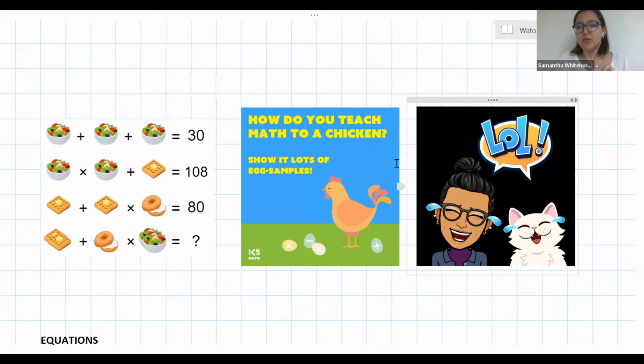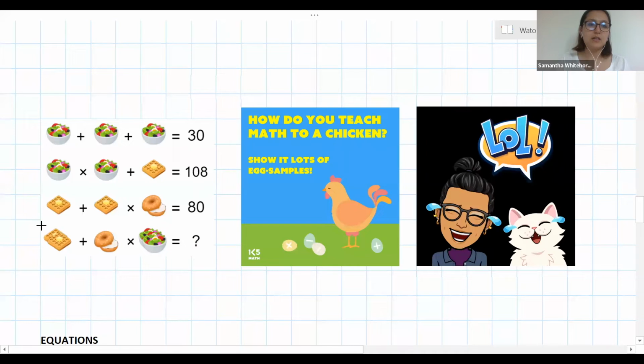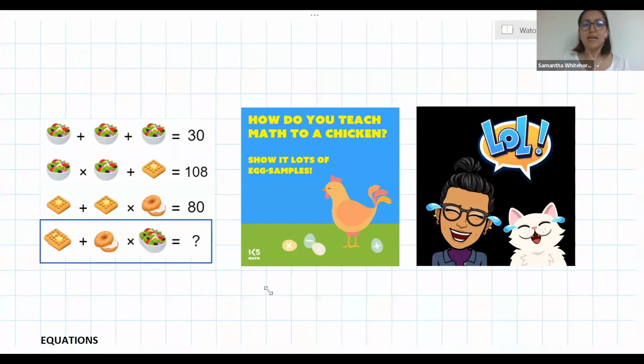Brain break for anyone who is new. Basically, what we want to do is get the value of the salad, the waffle, and the bagel in order to get the value of this last expression. The way we did it on Wednesday is I didn't take any questions. I want you to try it by yourself. And we're going to wait to see who the first person is to get the right answer on the chat.